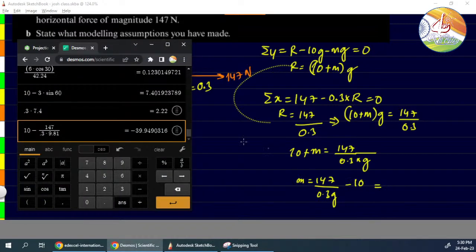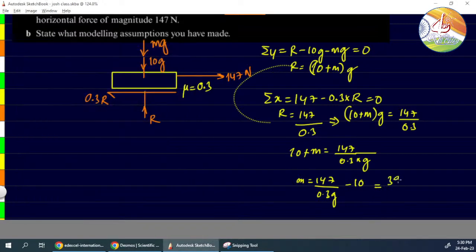So we get 39.95, positive. This is not in newtons, it is in kgs now, because g is also divided. After dividing by g, we get kgs.